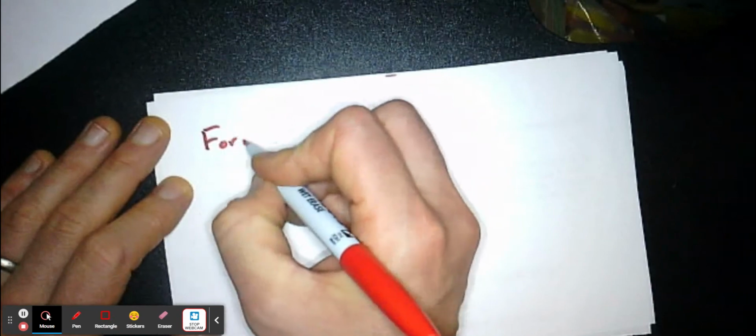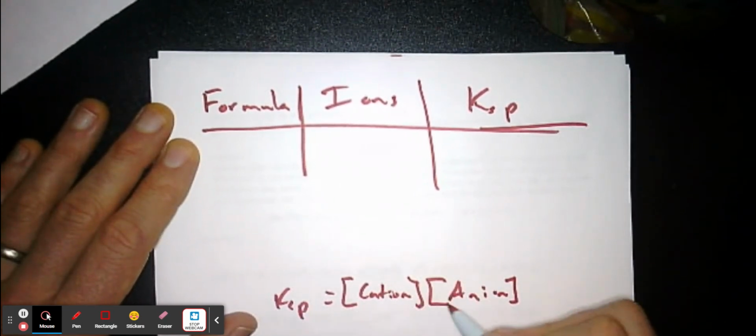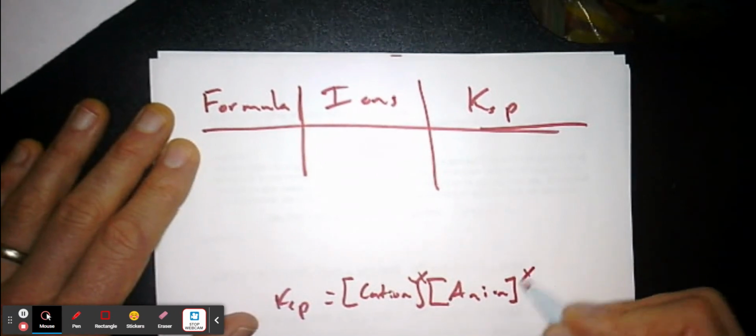Now, I want to set up a little table. Formula, and ions, and my Ksp. Since all Ksp equilibrium expressions are basically your cation and your anion, all Ksp values are those raised to some exponent.